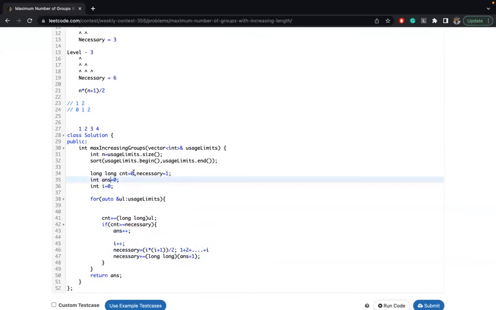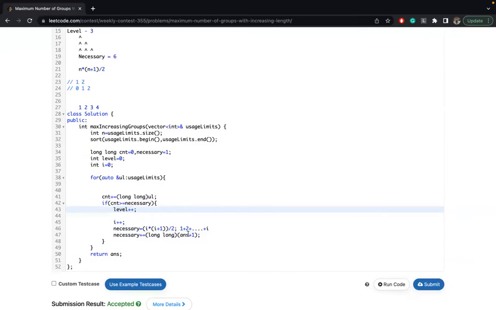I think you guys can understand, but to make the code more sensible, let's return level only. If we are understanding in this term, then let's take everything in this term only.